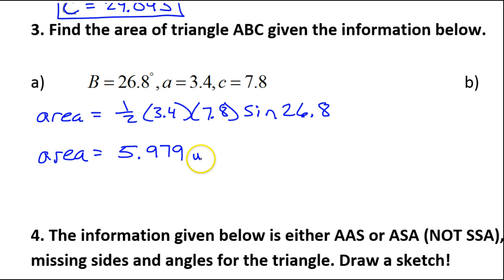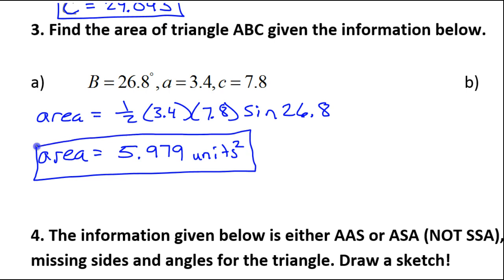Okay, and this is units squared. All right, and I feel like drawing a diagram just one time here. So this would have been, I could have put angle A, B, and C like this.